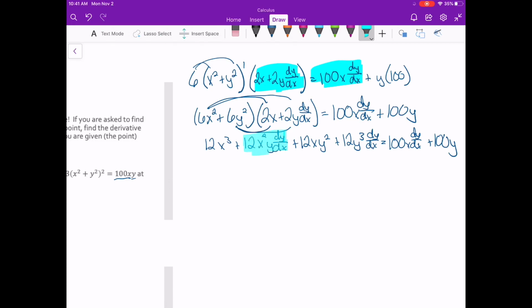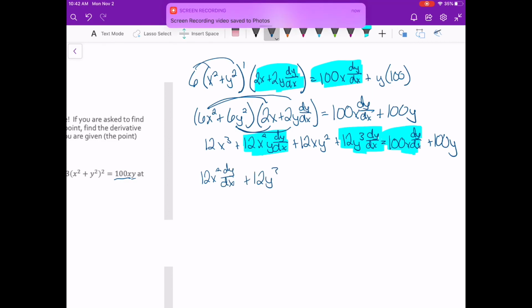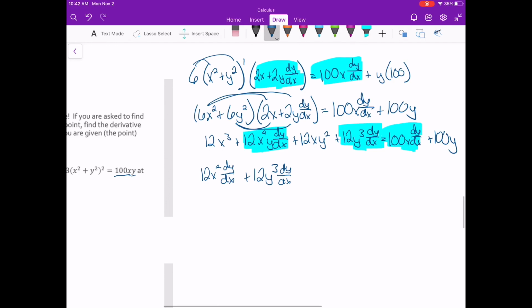So now let's find all of our dy dx terms, get them on one side, get rid of everything else. So I have 12x squared dy dx plus 12y cubed dy dx. And then I'm going to subtract the 100x dy dx.